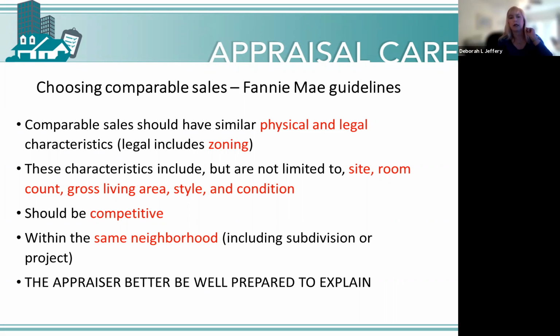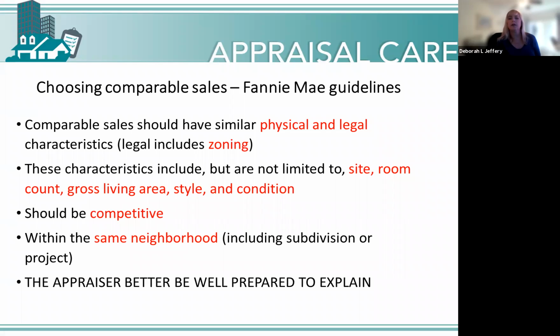We may either give no value if we can tell where the addition starts and ends, or we may just give a minimal value for it. But we have to find other comps that have that unpermitted addition or garage conversion, whatever it is, to prove that there is market acceptance for that.